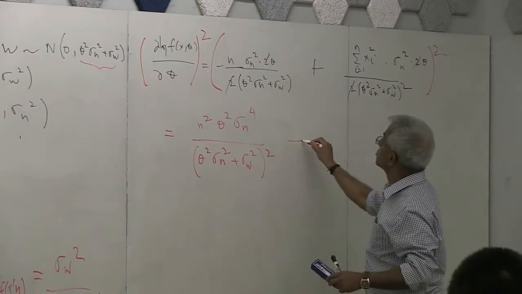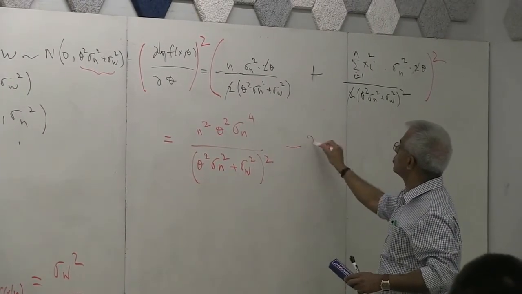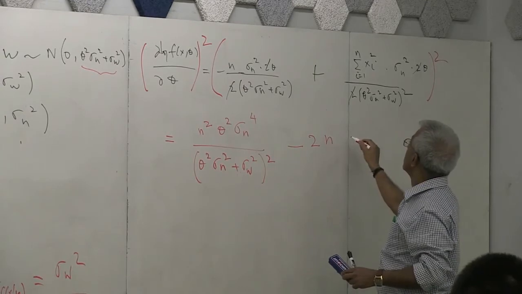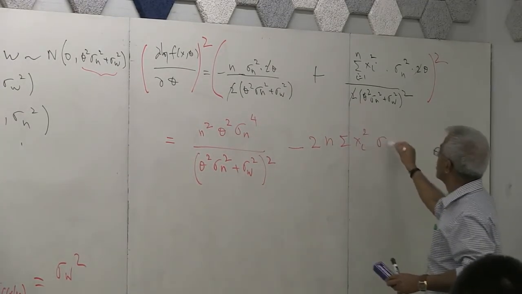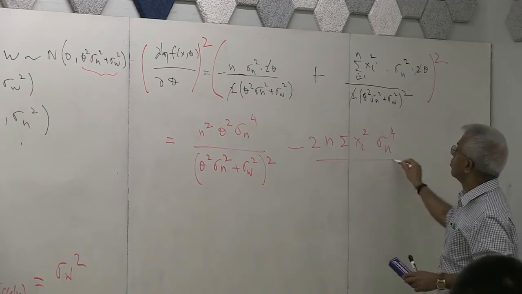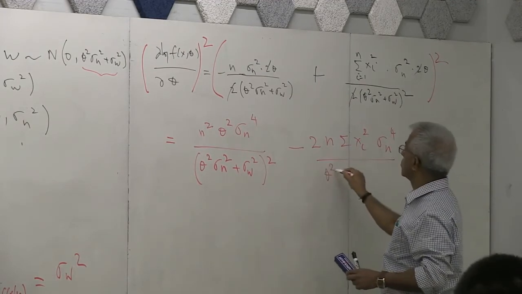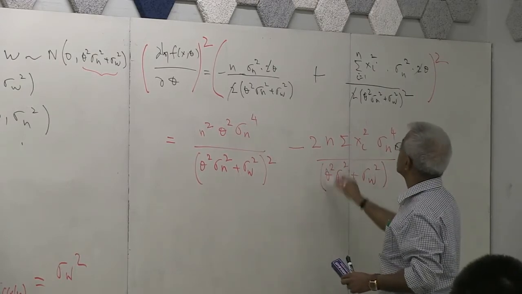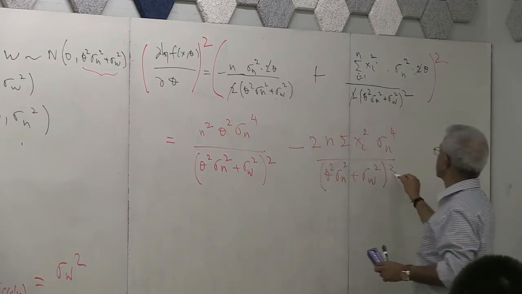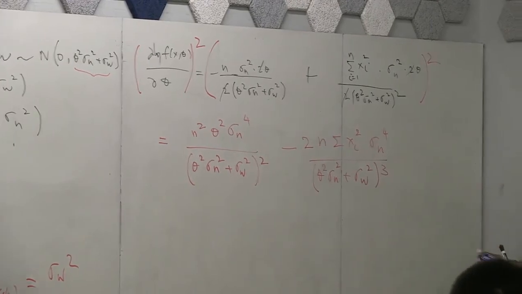Then the middle term is minus 2n sigma xi squared, sigma n to the 4 over theta squared sigma n squared plus sigma w squared, and this multiplied by this, so that's cubed, right?